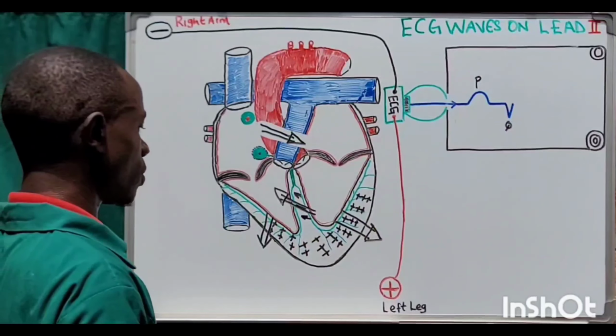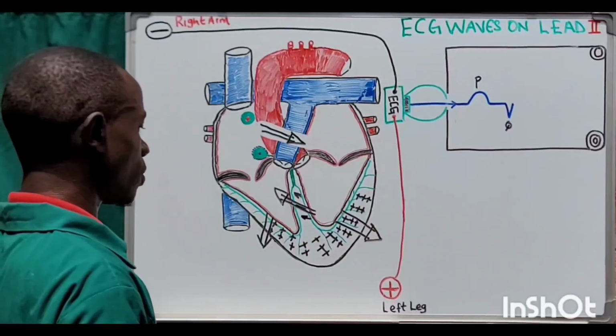Now, this vector is a bit bigger, and the fact that it is facing from the negative electrode towards the positive electrode, by the principle of the galvanometer, our pointer is going to give us a positive deflection. Because the amplitude of this vector is a bit strong, we are going to have a very strong deflection upwards.